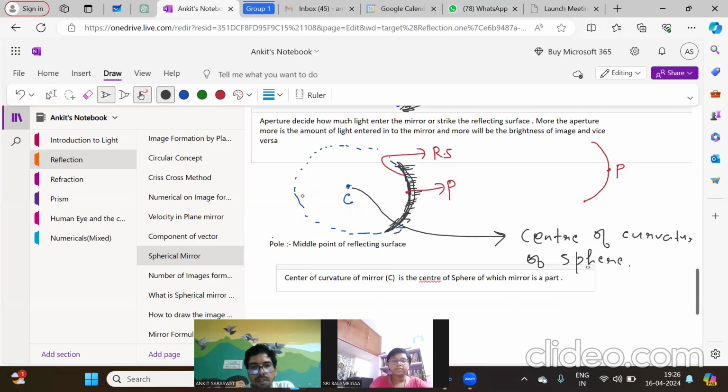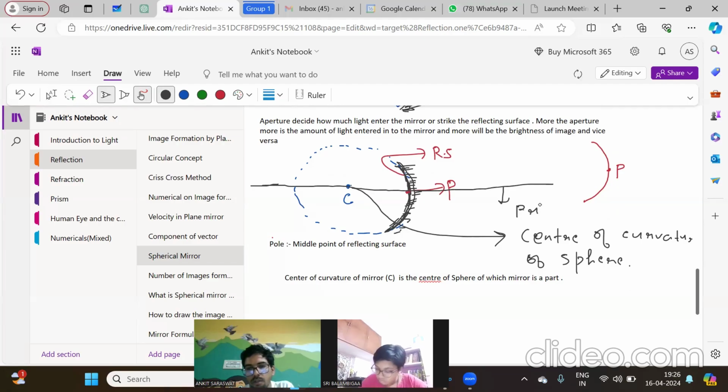Now what is the line? The line joining the center of curvature and the pole is known as the principal axis. So you can write: what is the principal axis?